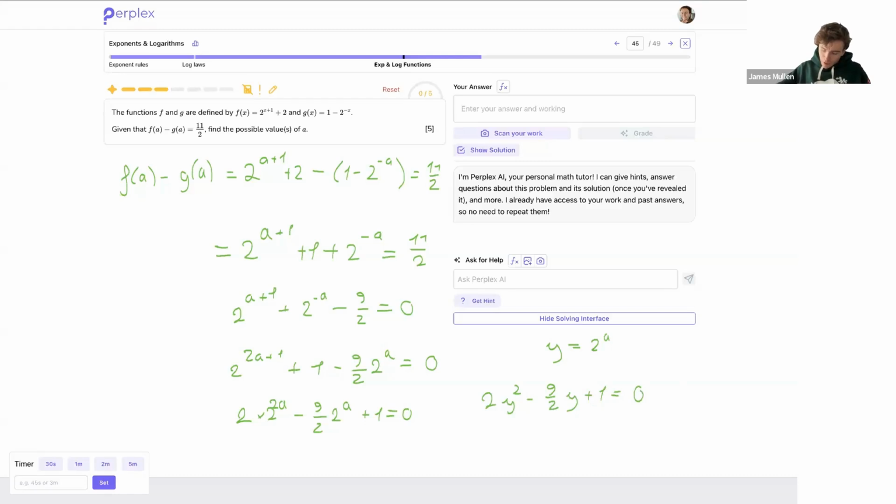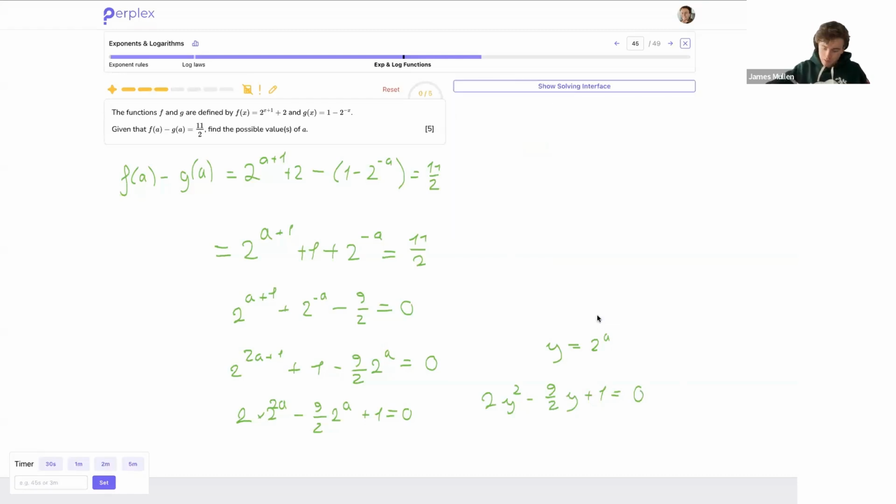Well, I am going to use my quadratic equation. Make some room here. We're going to say that y is equal to negative b, so in this case 9 over 2, plus or minus the square root. B squared is 81 over 4, 9 over 2 squared, so 81 over 4 minus 4 times 2 times 1. All that over 2 times 2 is 4.